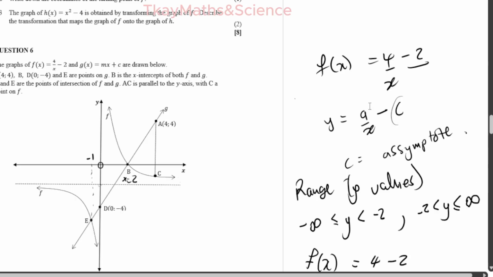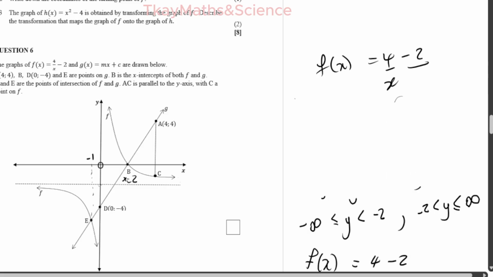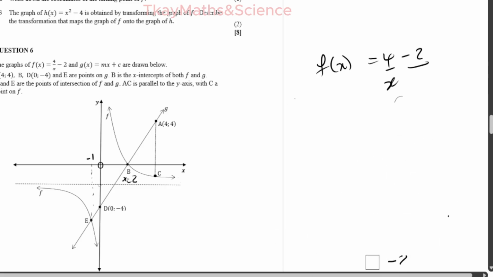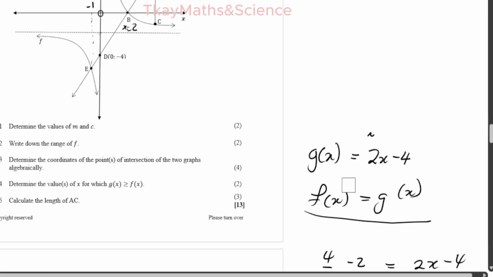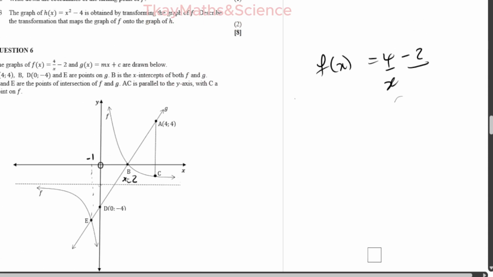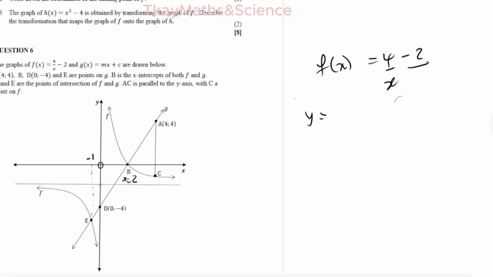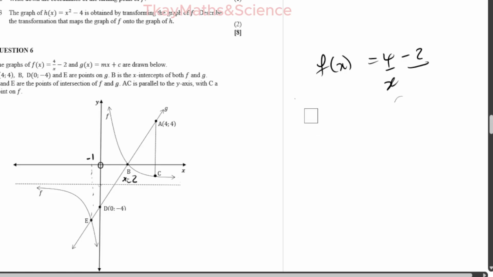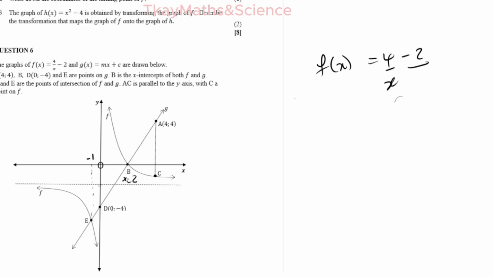Okay, let me just brush this one up. Okay, so we're going to come here. That's where it is intersecting, because we found the value of x on this intersection, which is when x is equal to -1.